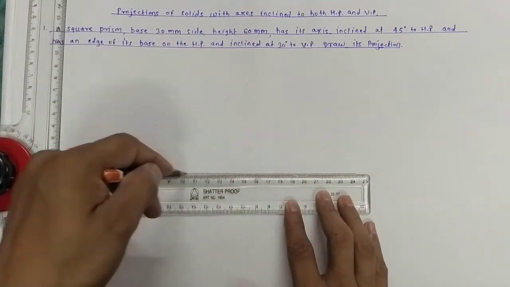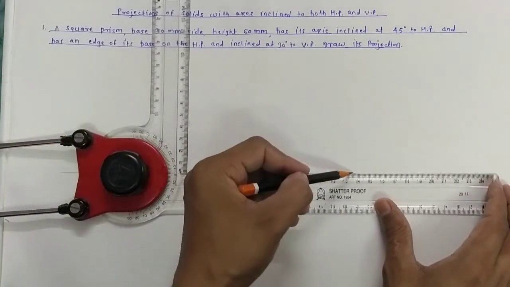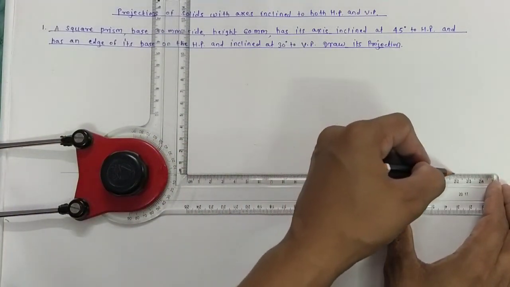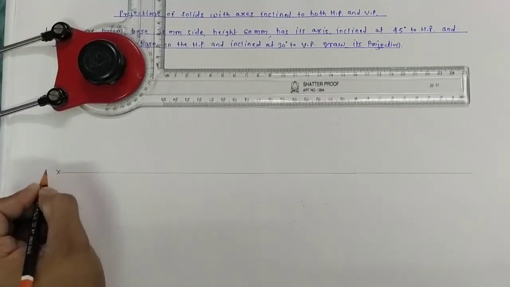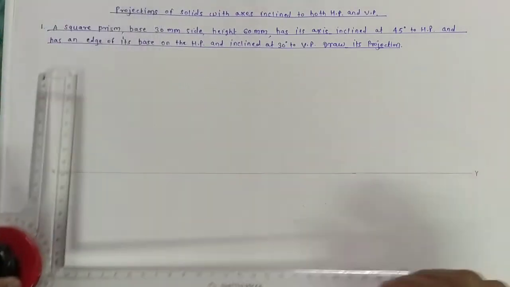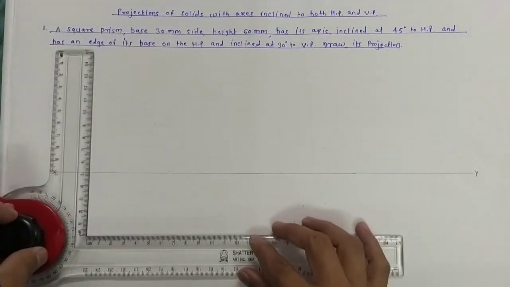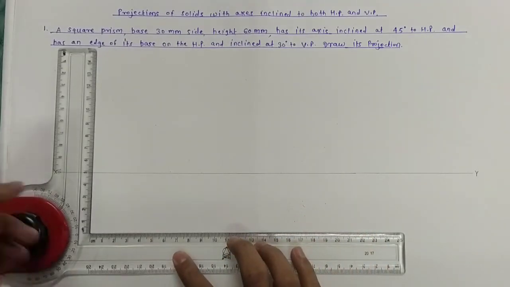Draw the XY line. Now the true shape is obtained in the top view. So first of all, draw a square of size 30 mm in the top view.